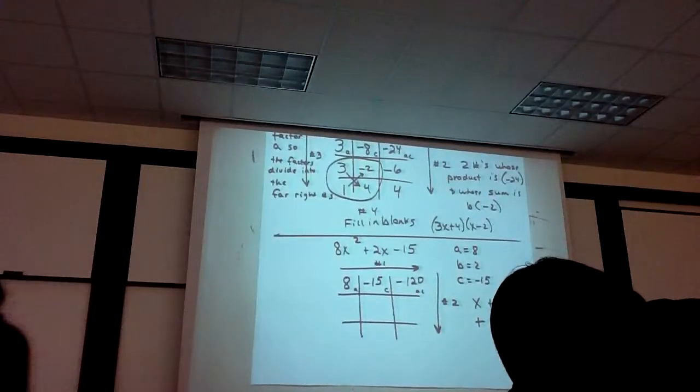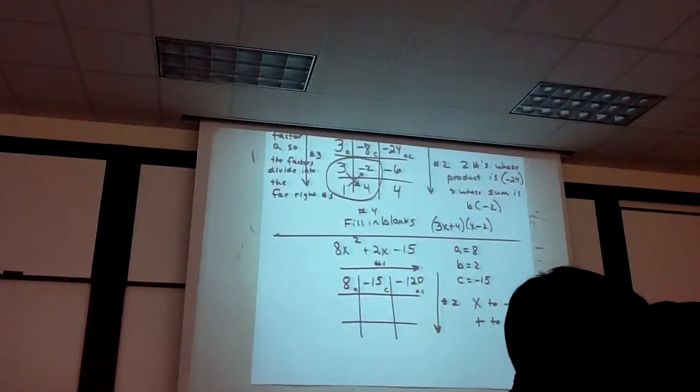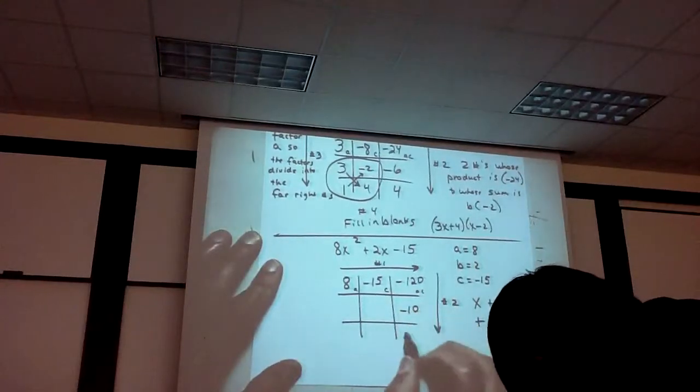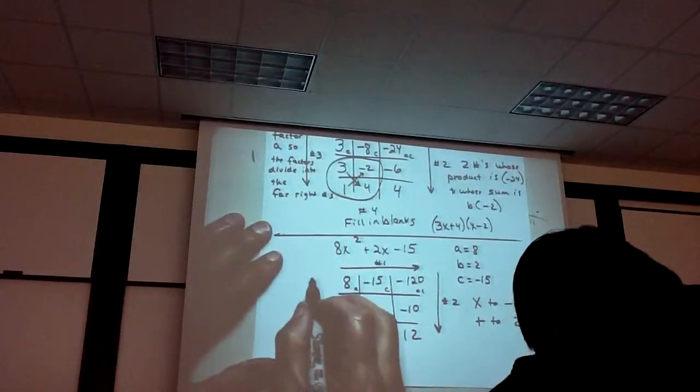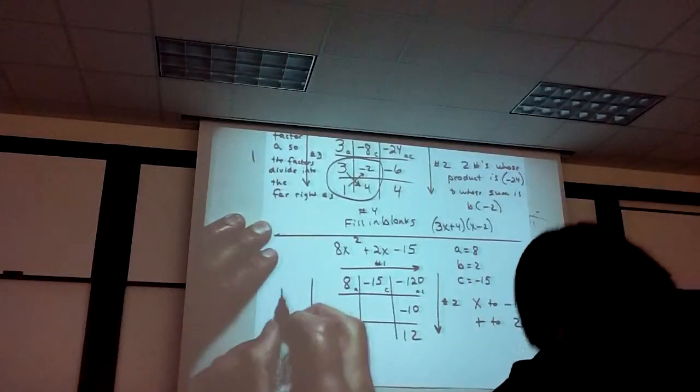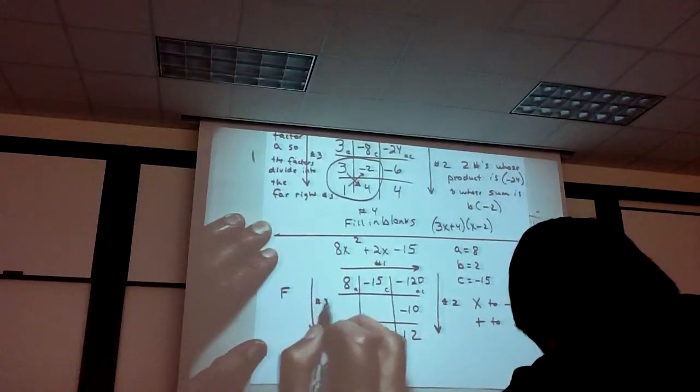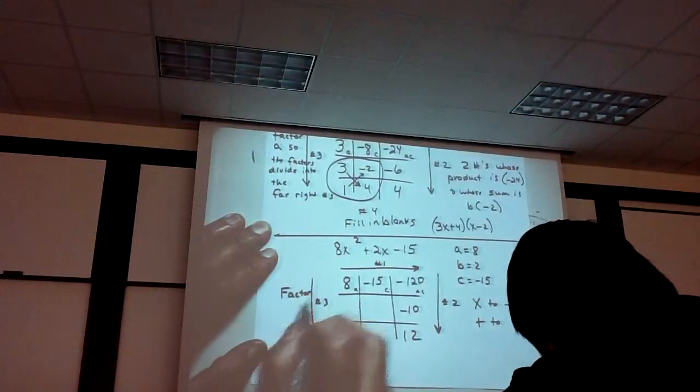Mental effort here. Negative 10, positive 12. Okay? Third one goes down the other side. That's the factor 8.